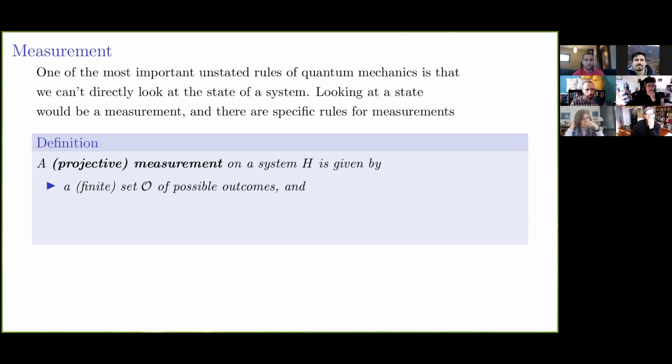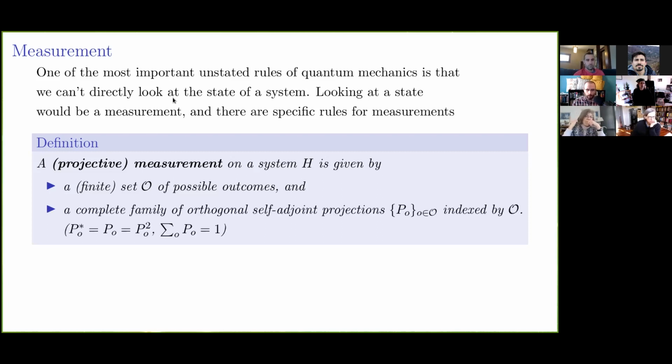So any measurement device you can imagine is eventually sorting things into buckets. It never really has a continuum of possible measurement outcomes. So we normally think about a finite set of measurement outcomes in quantum information to match that physical fact.